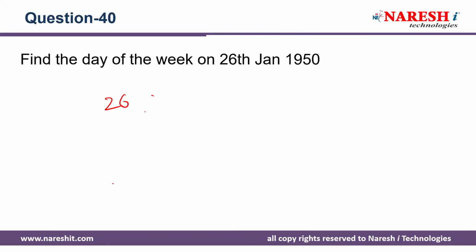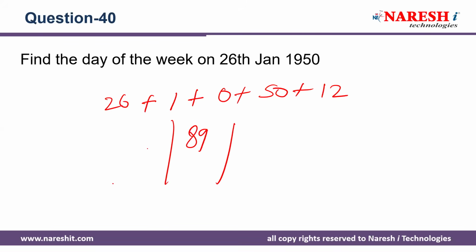First date 26, January code 1, year code 0, last two digits 50. If you divide 50 by 4, it is divisible 12 times. Finally, you got 89 as the sum. Divide by 7. Remainder 5. 5 means Thursday.